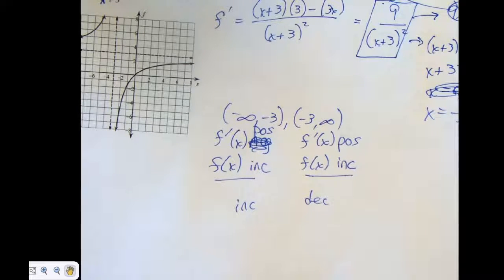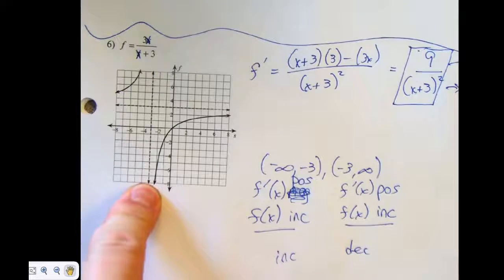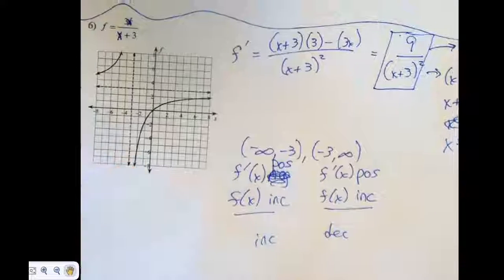A relative max is a point that's at the top of a hill. Can I have a point at x equals negative 3 on this graph? No, because it's a vertical asymptote. So a vertical asymptote overrules relative max or relative min. You can't be a point that is higher than the other points if you're not a point to begin with. Does that make sense?